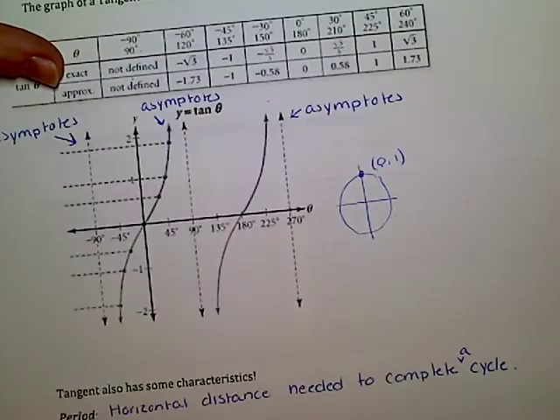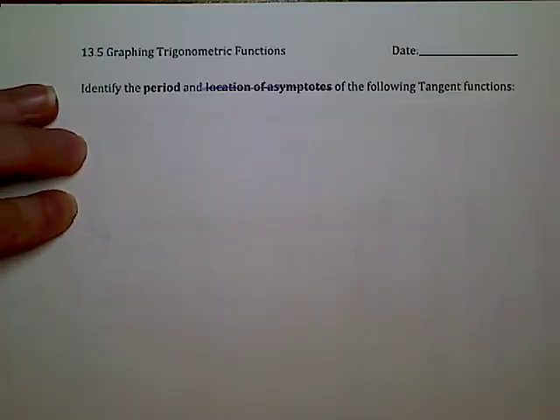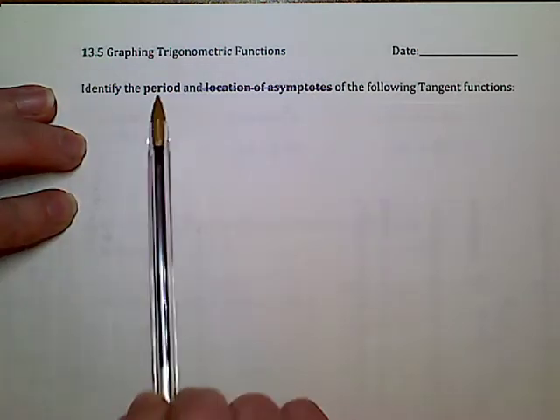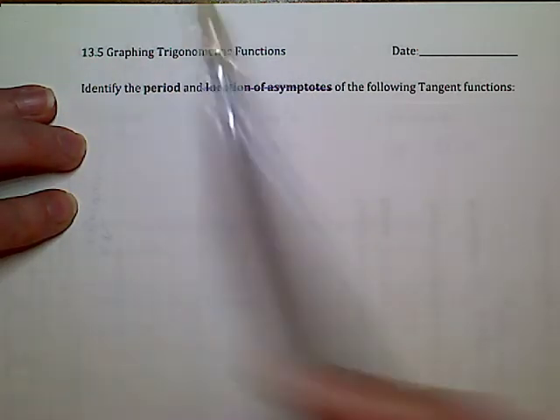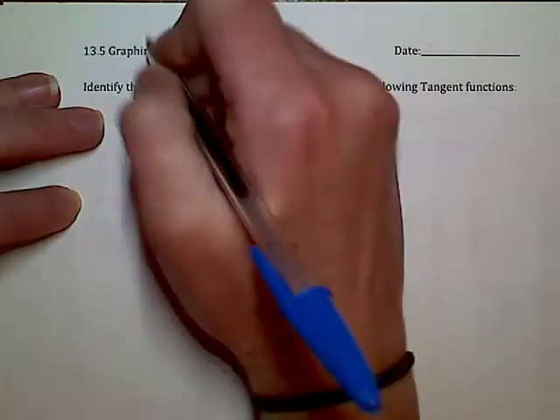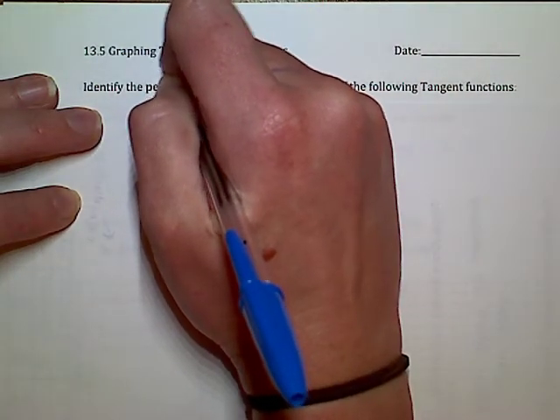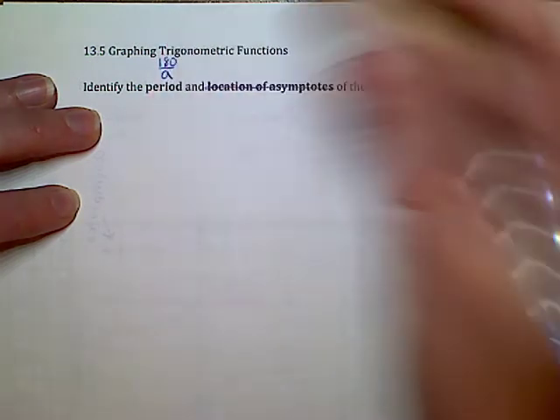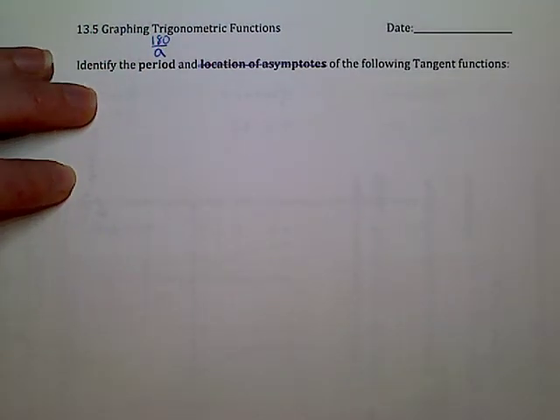So what I want you to do on the next page, first of all, we're going to tweak these directions a little bit. I want you to cross out location of the asymptotes. I just want you to figure out the period. Now with tangent, that's 180 divided by whatever that a value is, or whatever number's in front of theta.